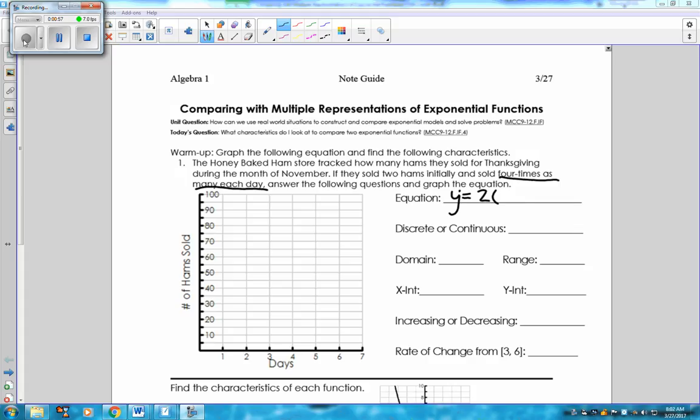So that means inside the parentheses, I'm going to write a 4. What's the next thing I have to write? Not 31. X. Where did I put X? So that's my equation.